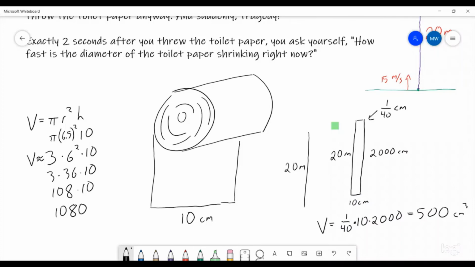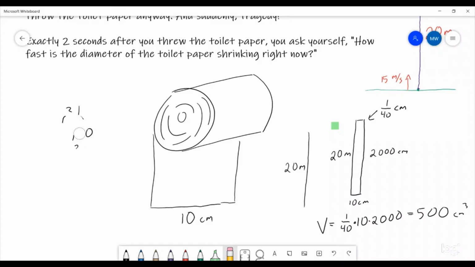Okay. So now we're trying to figure out how fast the diameter of the toilet paper is shrinking. That was just a rough calculation to make sure we didn't use up all the toilet paper. Now we're going to need to know the current radius of the toilet paper.